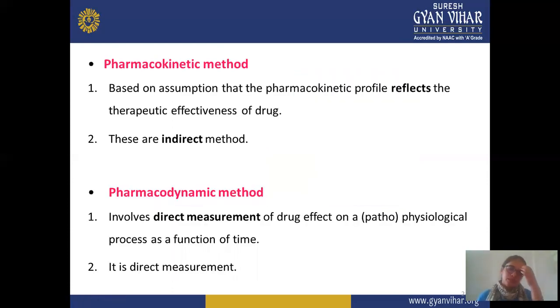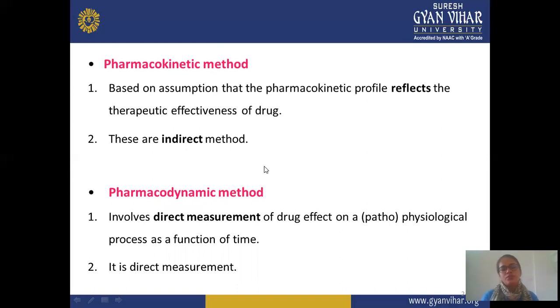The pharmacokinetic method is based on the assumption that the pharmacokinetic profile elicits the therapeutic effect of the drug, and it shows the required sufficient therapeutic effect of that particular drug. These are the indirect methods, and in this you check the drug effect or therapeutic effect in an indirect way. Next is the pharmacodynamic method. It involves direct measurement of drug effect.